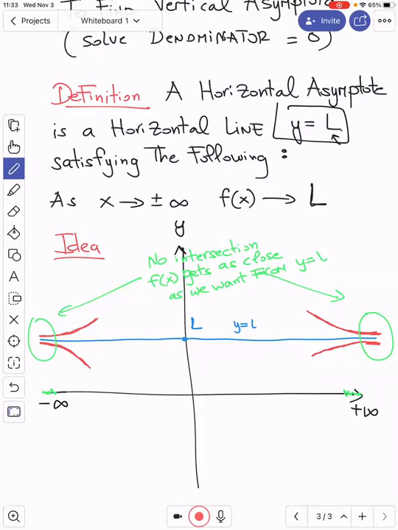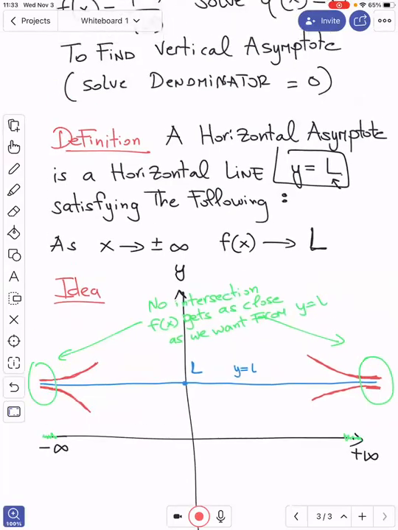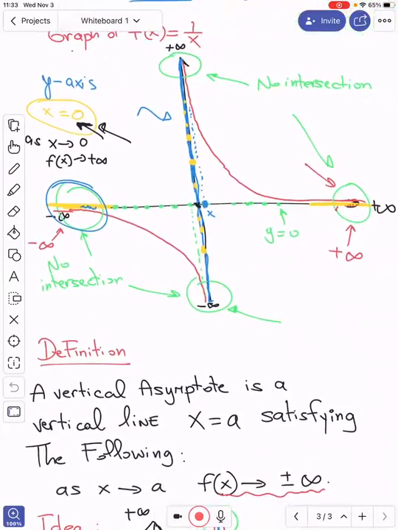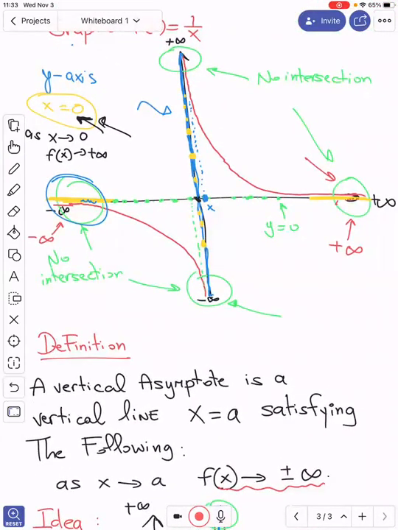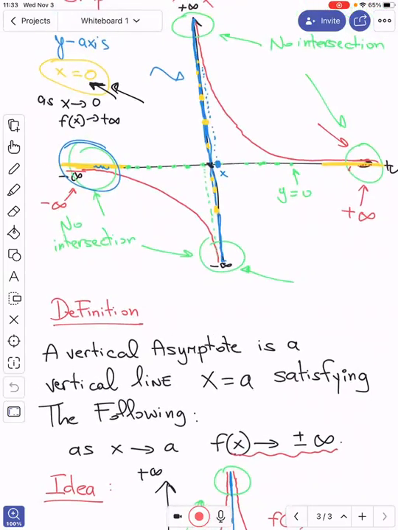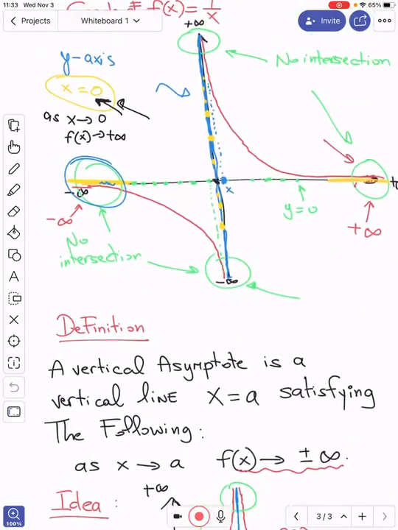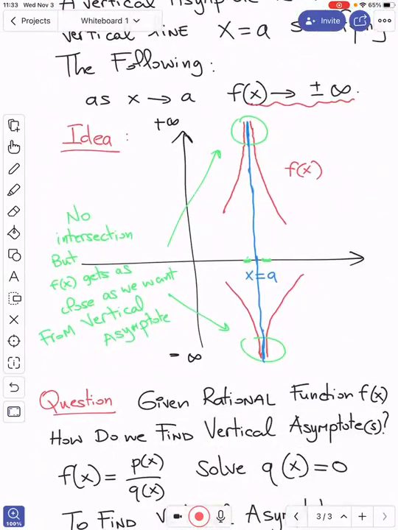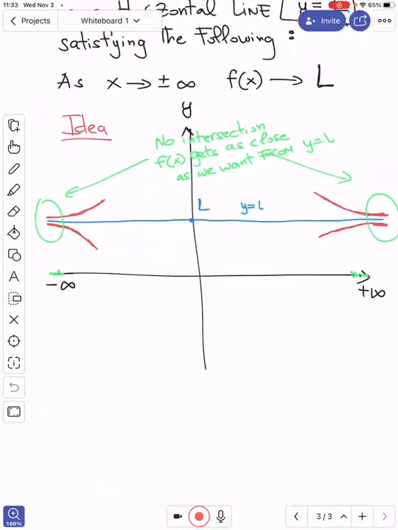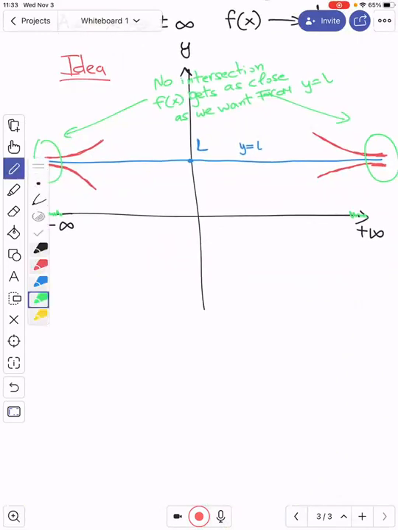Now the question, of course, is how do we find the horizontal asymptote? Because in our example, 1/x, the horizontal asymptote was the x-axis, that's y equal to 0. But actually, it's not always the x-axis. It can be a different line.